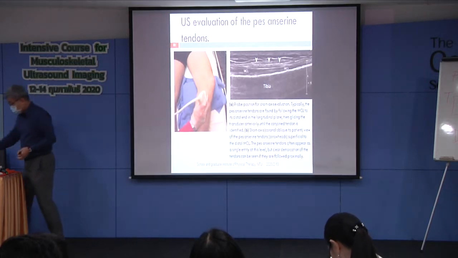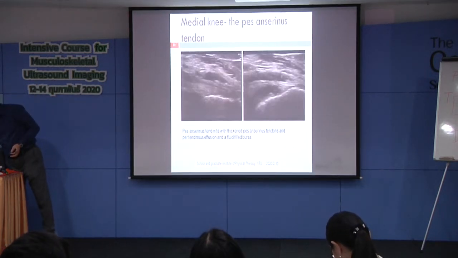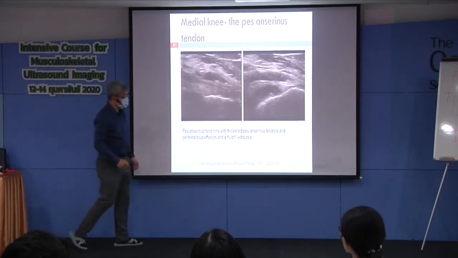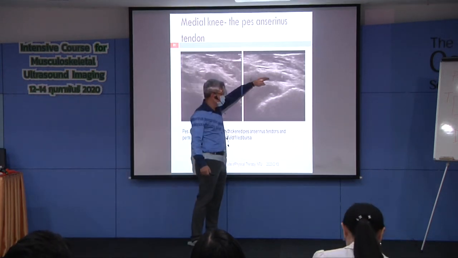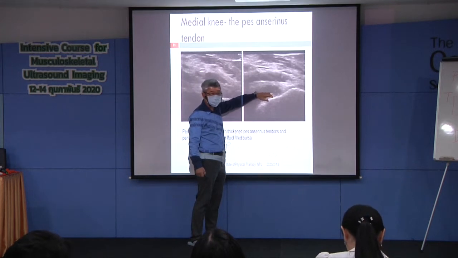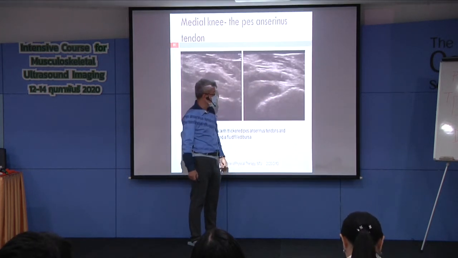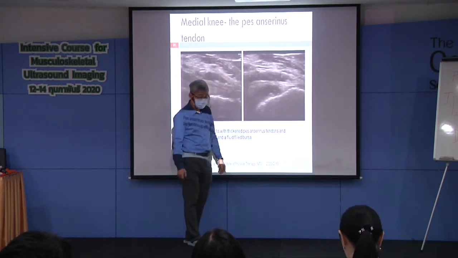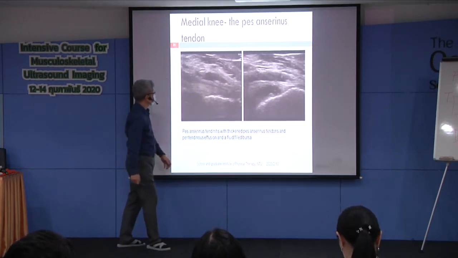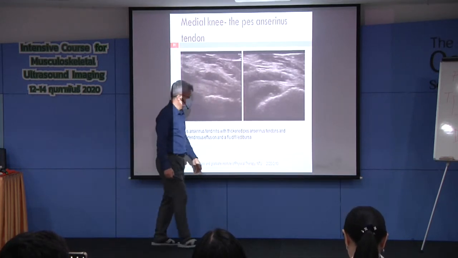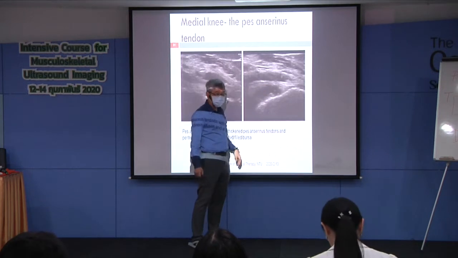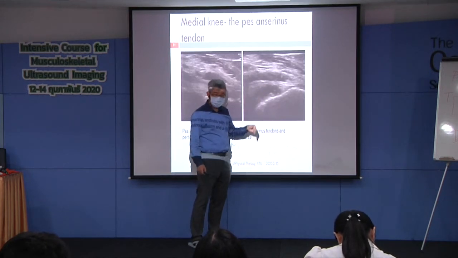So if you find fluid above and behind, this is pes anserinus tendinopathy. But some people suggest this is bursitis.